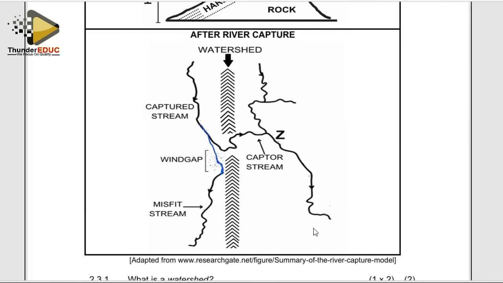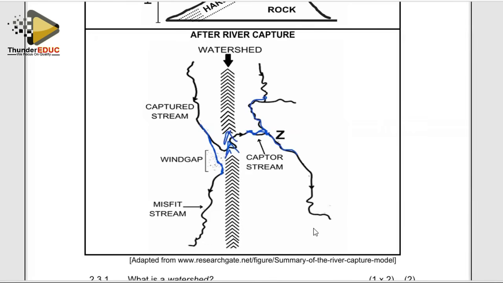It was attached like this. And it also implies that this stream here was also having its course like that and also maybe advancing towards the watershed. So what it implies is these two river systems were separated.